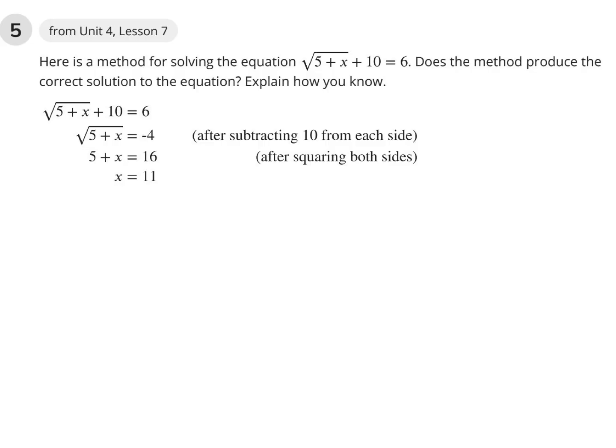Okay, let's look at this equation. The 10 is not part of the group. Anything under the radical is considered a group. So we subtract 10 from both sides, and we get the next line, square root of 5 plus x is equal to -4. A square root cannot be equal to a negative, so that means there's no real solutions, but this week we learn how to solve this one.